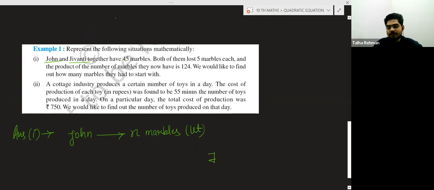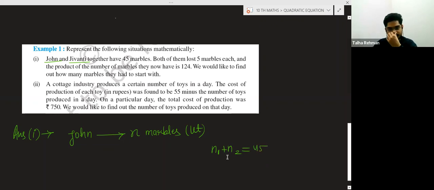Suppose N1 is the number of marbles John has, and N2 is the number of marbles Jivanti has. So N1 plus N2 is equal to 45.